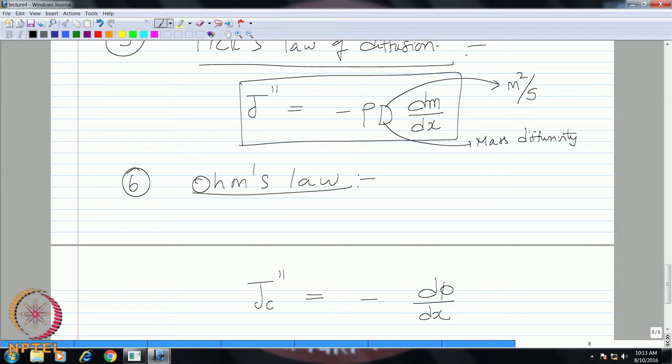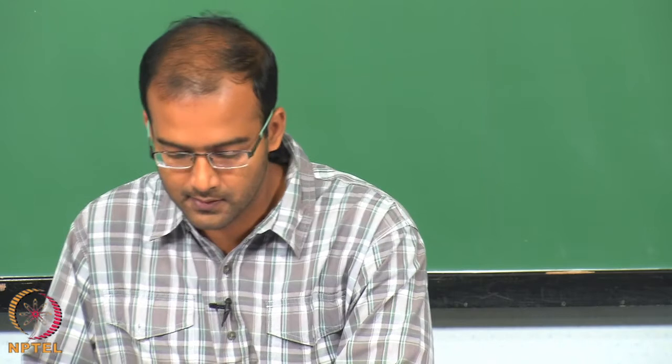So, in order to make sure the current flow is positive from higher to lower, there should be a minus sign, and the relationship between these two has a proportionality. Okay. What is the proportionality constant here? So, in case of heat transfer we used thermal conductivity, now we should use electrical conductivity. Okay. So, sometimes we use the notation sigma for electrical conductivity.